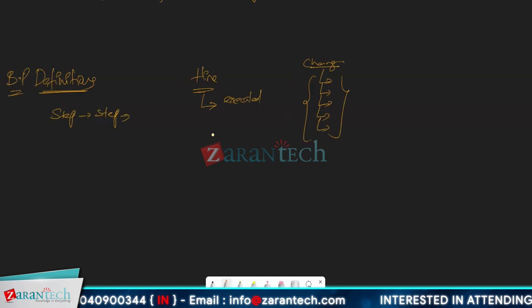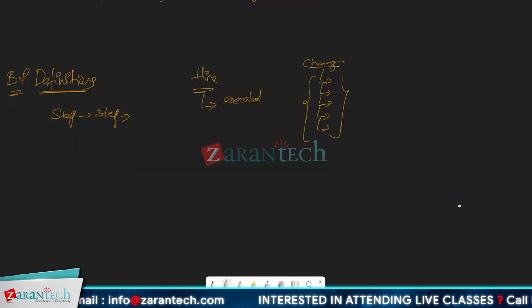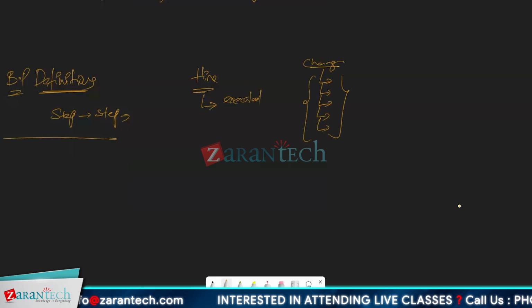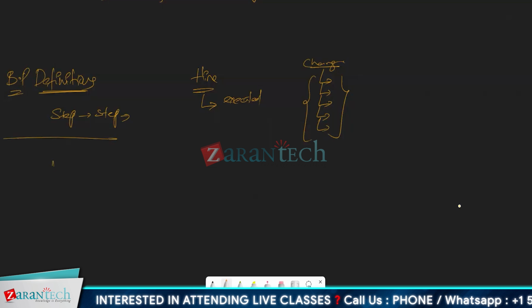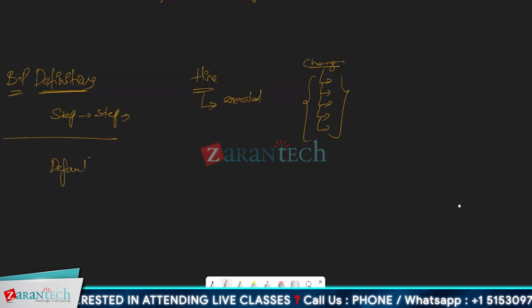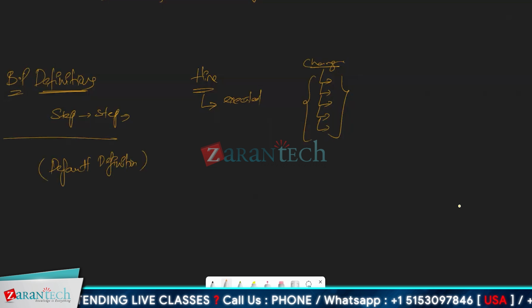Now, there will be cases where you don't want to follow the standard business process. When I say standard business process, I mean the default definition. By default, what Workday gives is called a default definition. So all business processes will have a default definition.